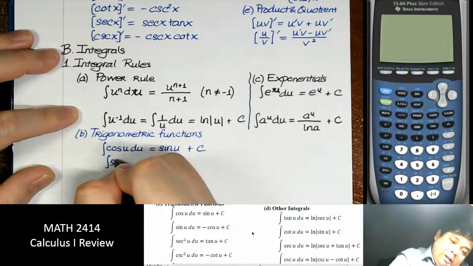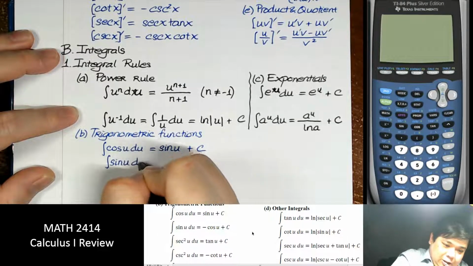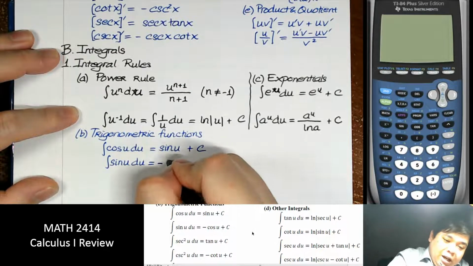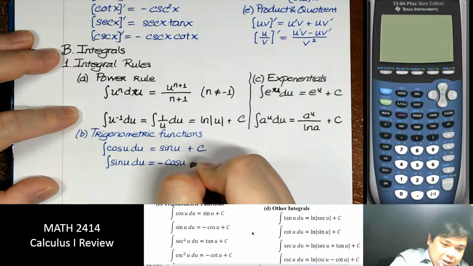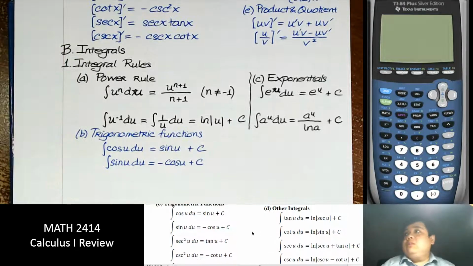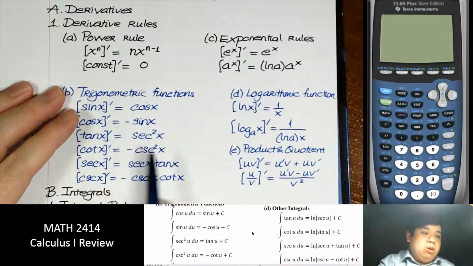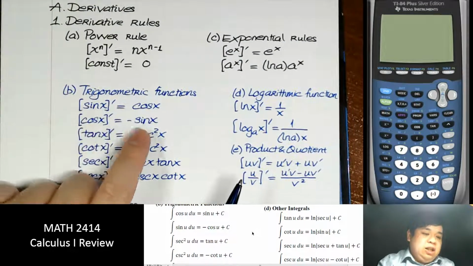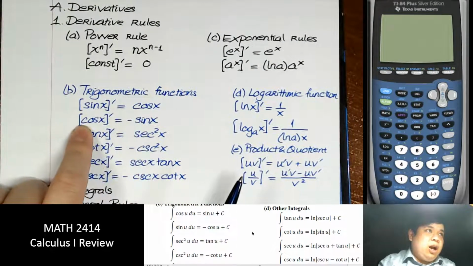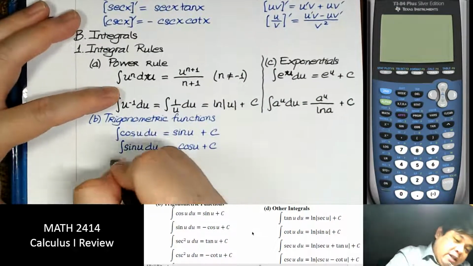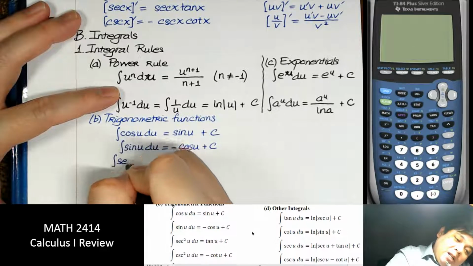Integral of sine is negative cosine. Right. Pretty much I just write this backward. Integral of cosine is sine. Integral of negative sine is cosine, but I move the negative to the other side. And then secant squared.